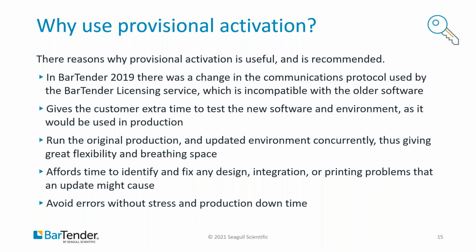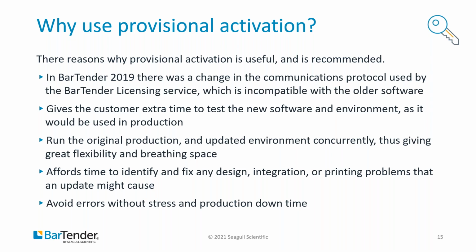Once everything is upgraded and testing is complete, all you need to do is decommission the old license server, and this will mean the provisional license server now becomes the active license server.